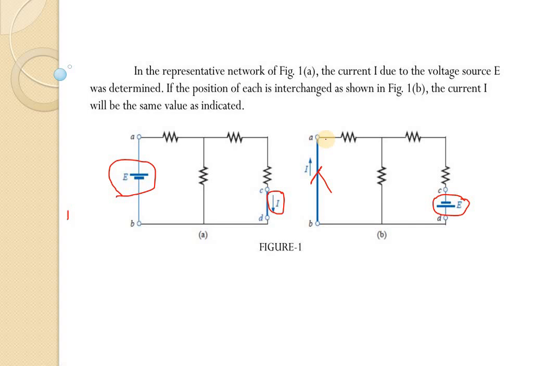That is possible in the case of the reciprocity theorem, and we see this happens when the voltage source replaces that particular branch.